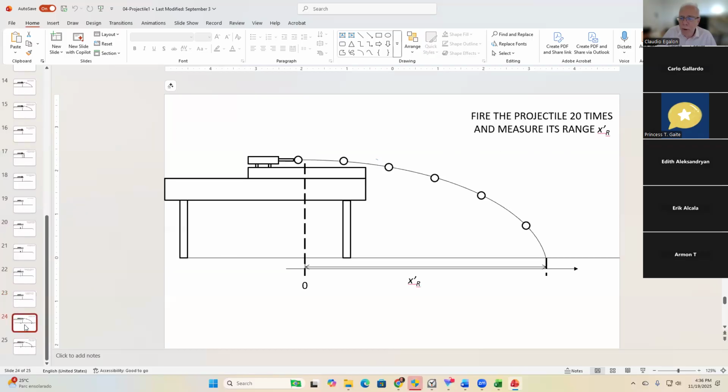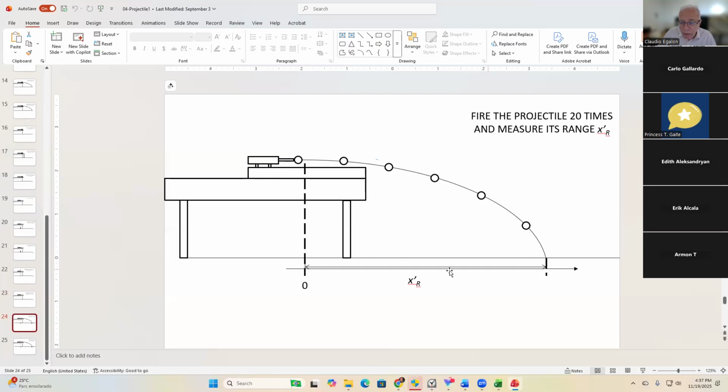Here's our projectile, and we are going to measure this distance right in here. The launcher releases the projectile at this very position, which is where the tip of the launcher ends up when the pressure on the spring is released.